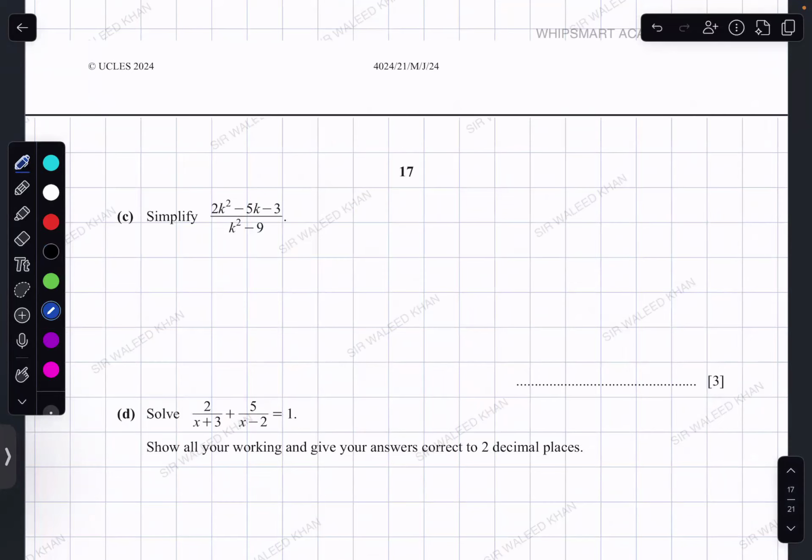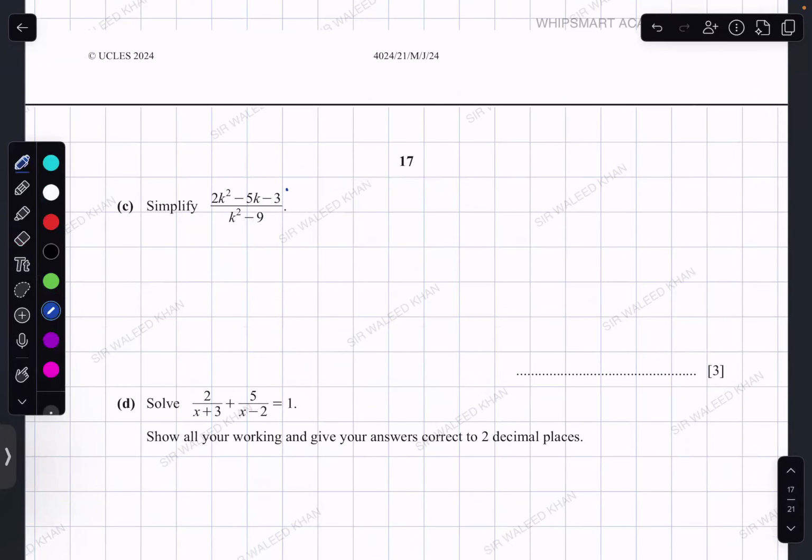Either you can solve it separately, like a numerator and denominator. Okay, so let's split, solve it over here. This should be 2k squared minus 5k minus 3. This should be the product sum, because we are dealing with 3.